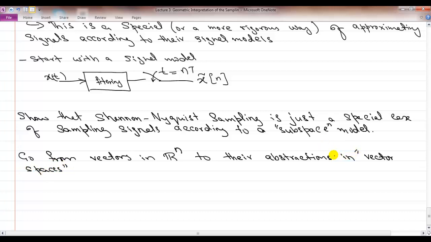And again, I'm putting now that word vector space in quotations because even that is something that we have to specify what we mean by that.